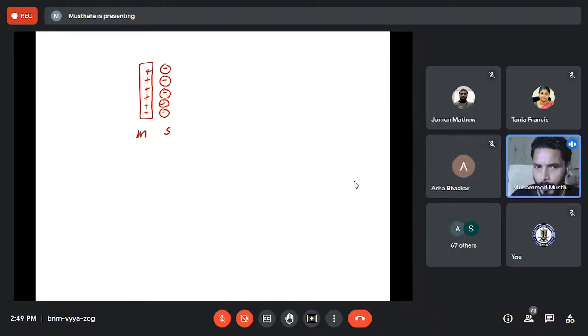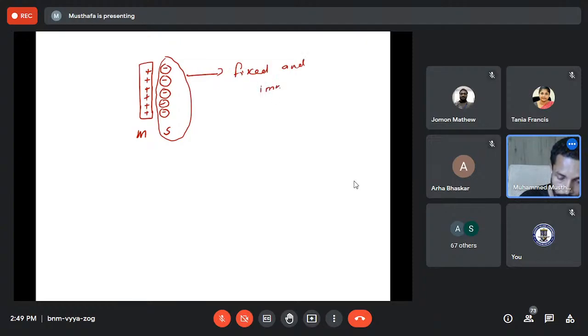And most importantly, the most important assumption of this model is that the layer of charge on the solution side is fixed and immobile. It cannot exhibit any movement.